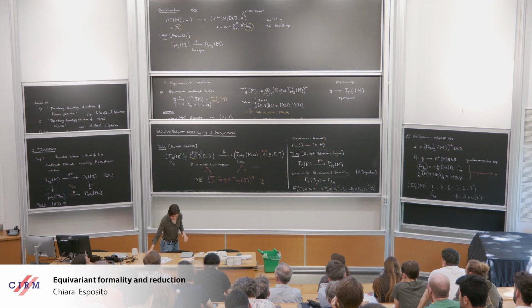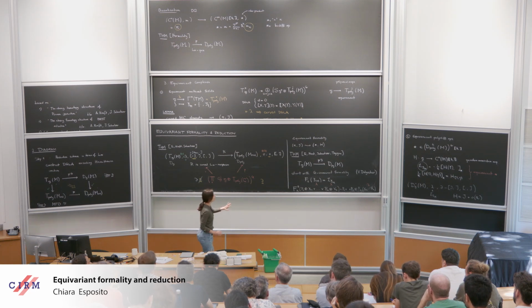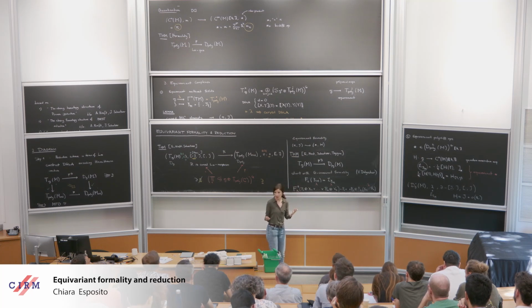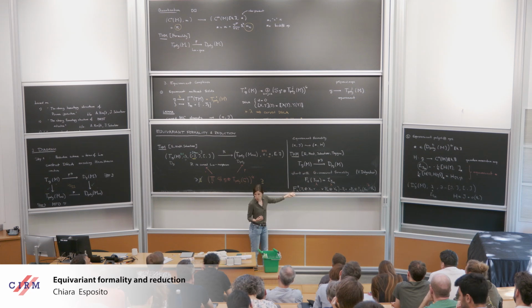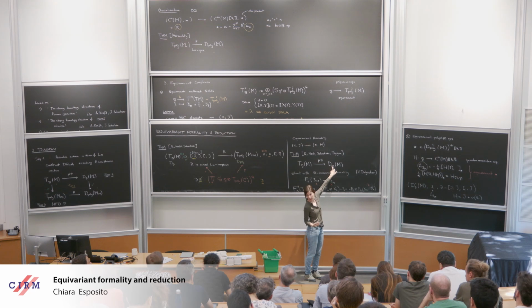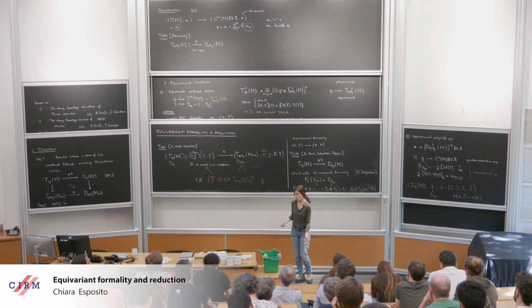Of course, I'm cheating a little bit, because so far I only talked about curvature. I never talked about differentials. And in fact, the formality I cooked up in this way still connects the old differentials. So 0 here and Hochschild here. No problem, we can twist it.